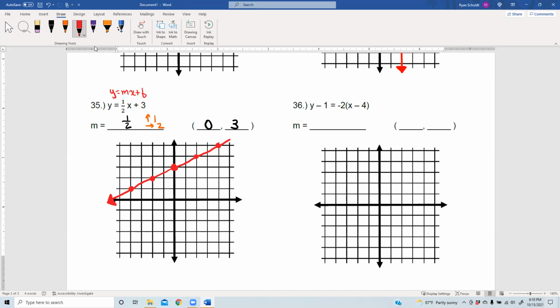Okay, there's my horrible attempt at a line. And hey, there we go. Okay, there's that line.